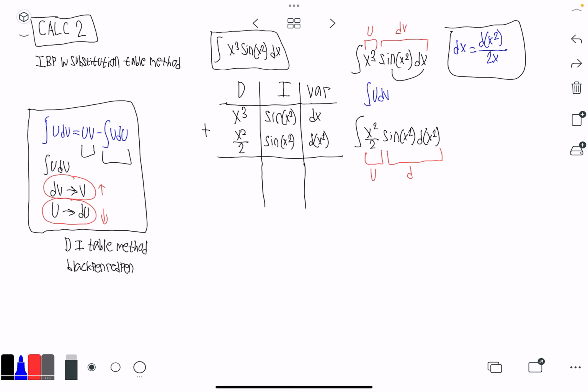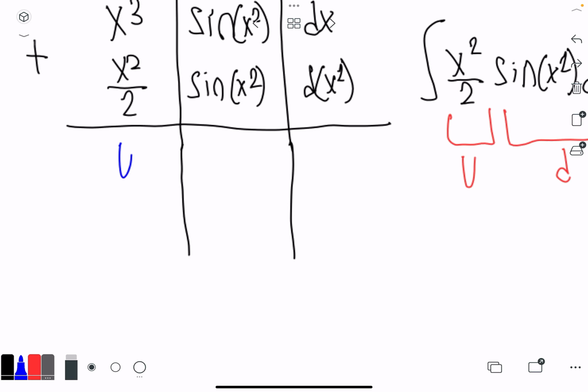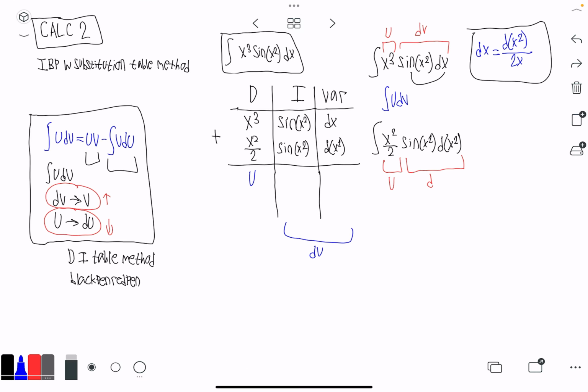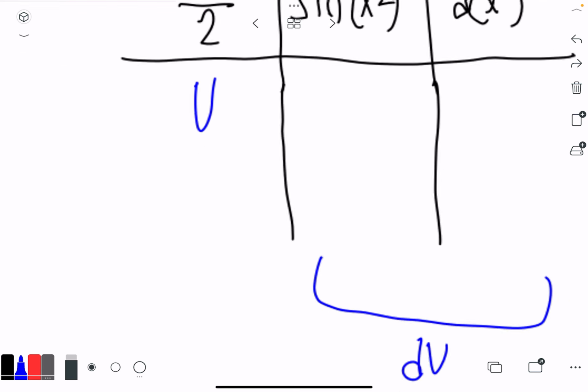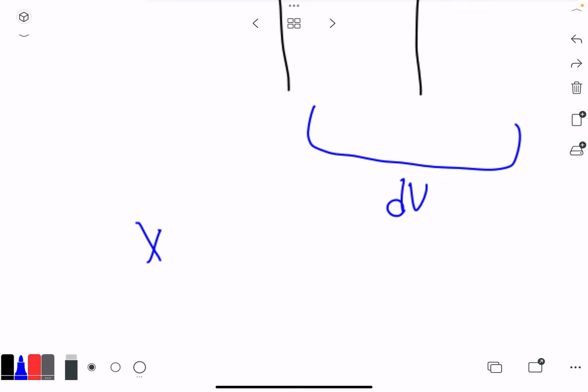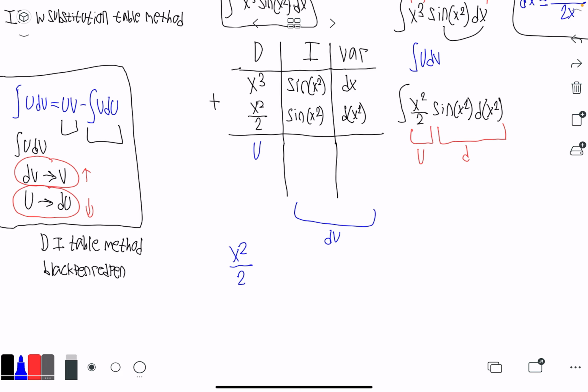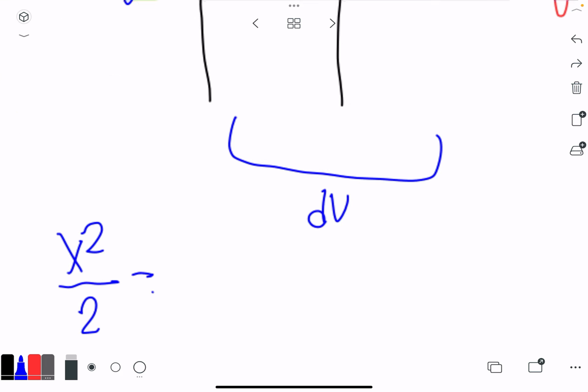This is the u column and the other two columns are dv. When we look at what's happening to u, you're trying to differentiate it into du. So in this case, we have x squared over 2. We're trying to differentiate it, but x squared over 2 is equal to u.